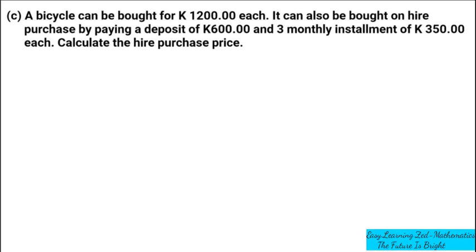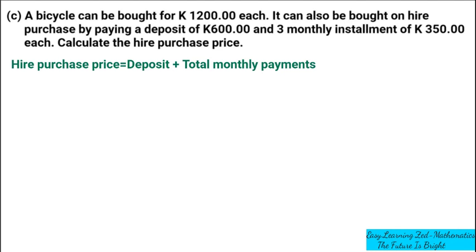Okay, so to calculate the hire purchase price, we're going to use this formula, which is hire purchase price is equal to deposit plus total monthly payments. Okay, so what is the deposit?